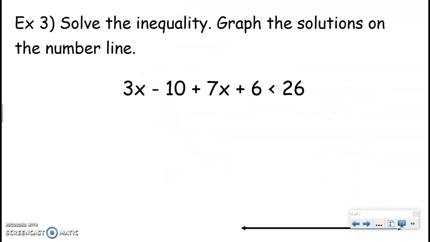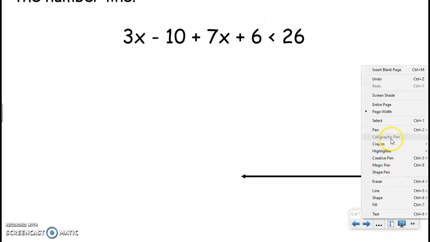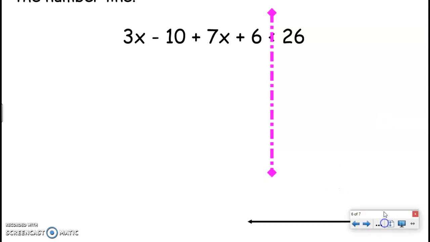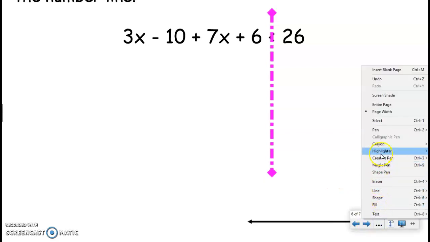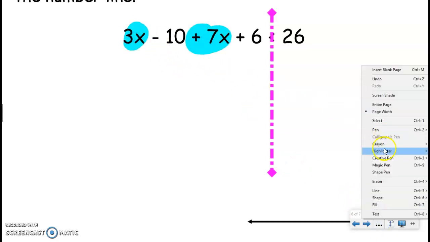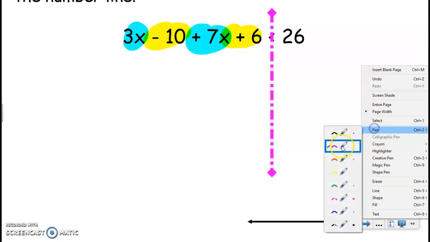Okay, next one. No parentheses this time, so we're just going to look at combining like terms. I'm going to draw my line through my inequality sign, and combine 3x and 7x together, and combine negative 10 and positive 6 together, and see what I get.